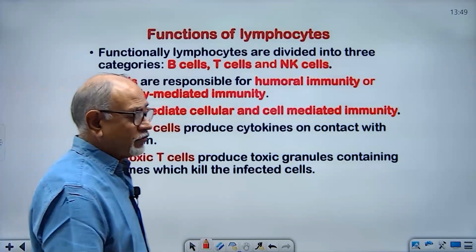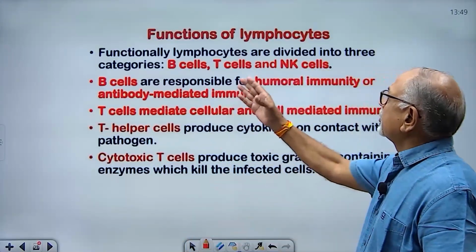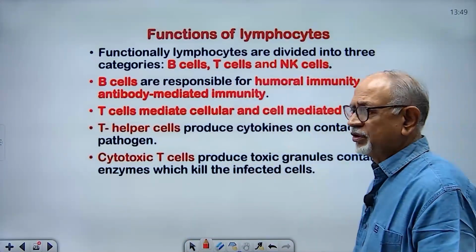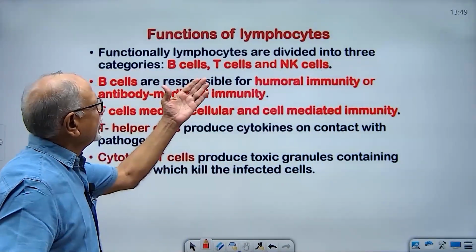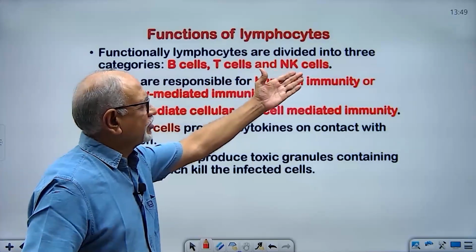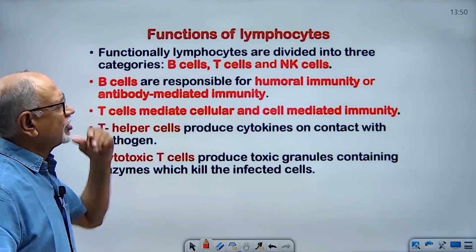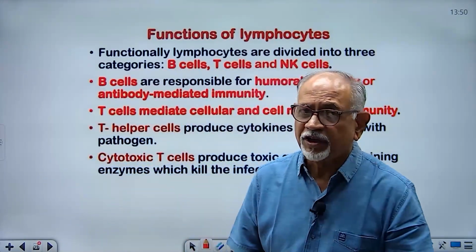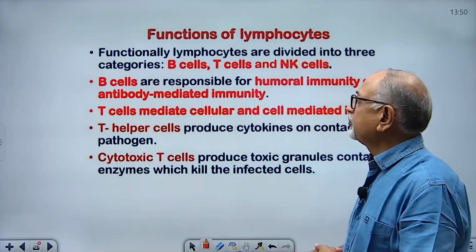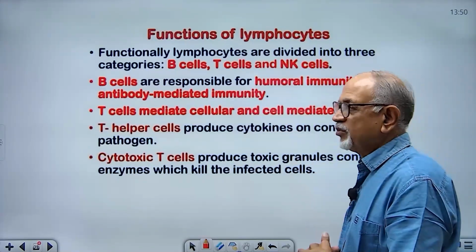Now, functionally, the lymphocytes can be grouped into three categories, that is B cells, T cells and NK cells, that is natural killer cells. Now, B cells are basically responsible for providing humoral antibody, that is antibody mediated immunity.